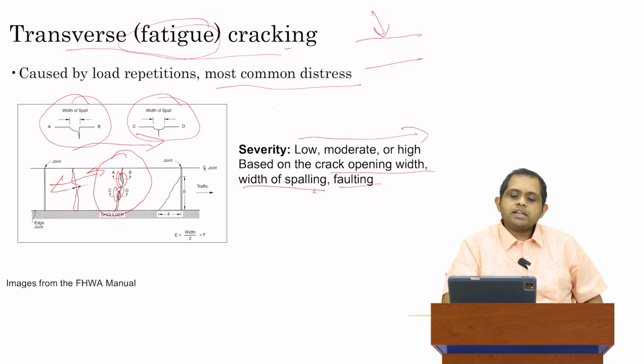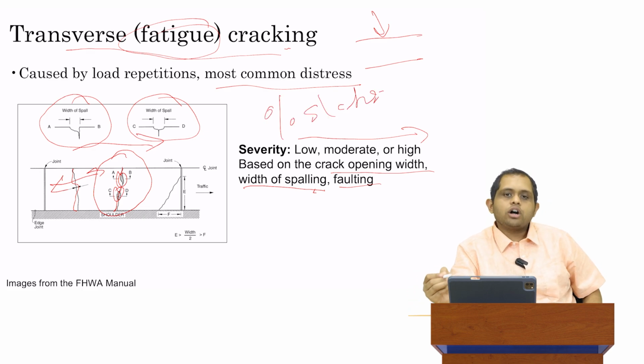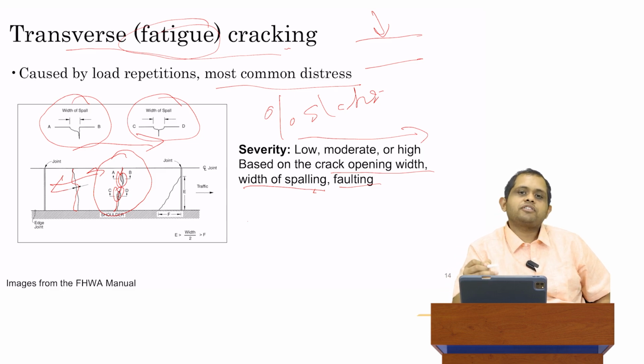What we are interested in is what percentage of slabs, and that's typically over a fairly long distance, so over a couple of kilometers, have developed transverse cracking. And typically that maintenance threshold, which I talked about right in the beginning, that is the threshold at which point you should probably go back and start doing some maintenance. The maintenance threshold for transverse cracks is built on the percentage of slabs which have cracked.